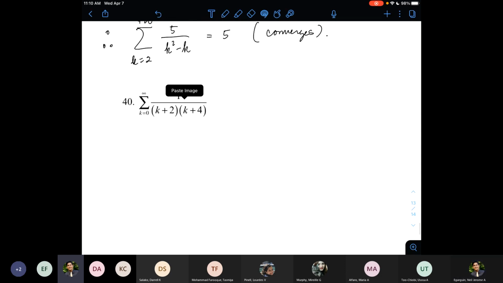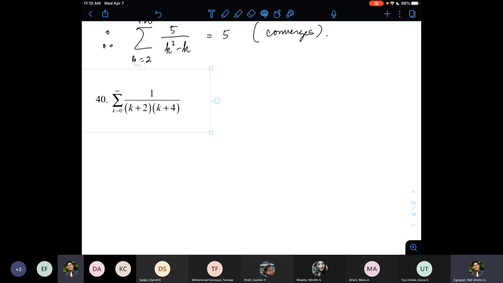Okay. Now let's try problem 40. So my hunch is that it would be a telescoping series. Telescoping series are usually disguised as a fraction with a complicated denominator, right? So for such a series, what we do is to look at the partial fraction decomposition.